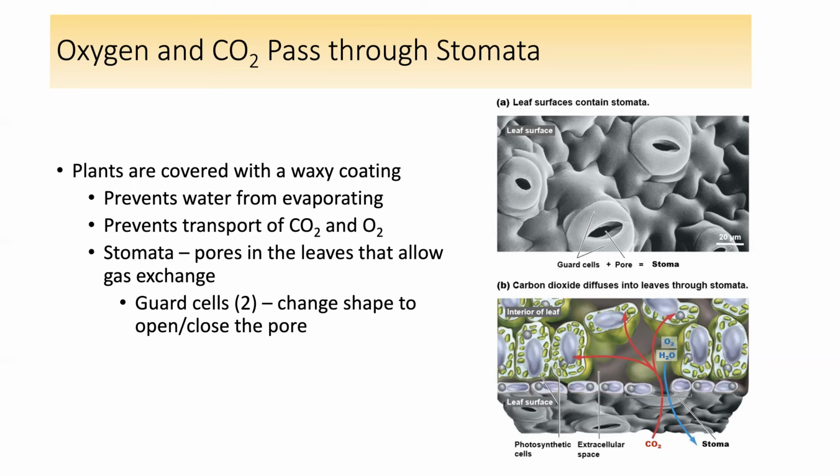So in order for water and these two gases to leave and enter the leaves themselves, there are special cells that surround pores. And together, this is known as a stoma, or stomata for plural. So we have these little pores, as you can see here in this picture, and each is surrounded by these guard cells that are kind of like muscle cells.